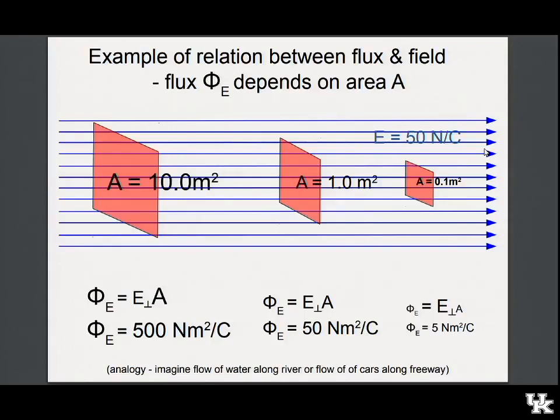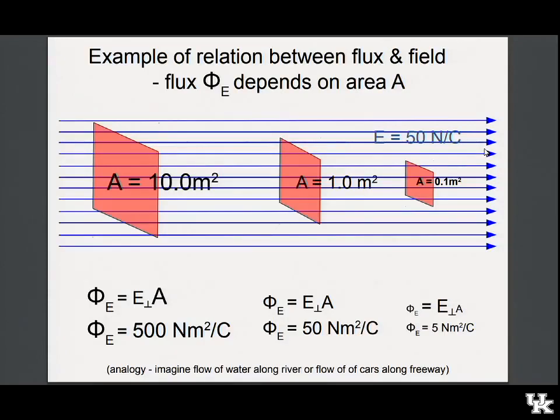These surfaces are oriented such that the field is perpendicular to the faces of those surfaces, which actually means that the field and the vector A are parallel to one another.